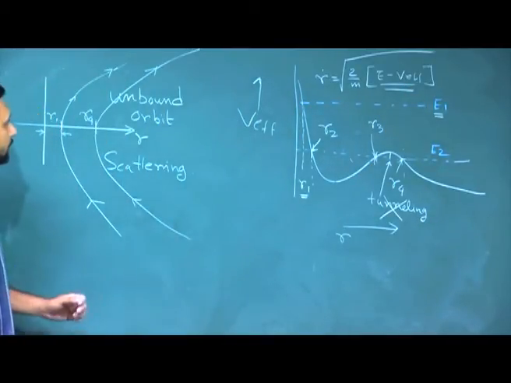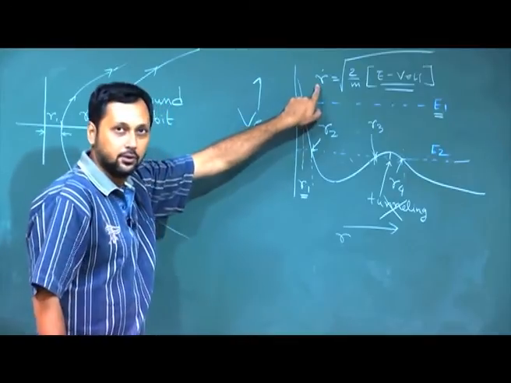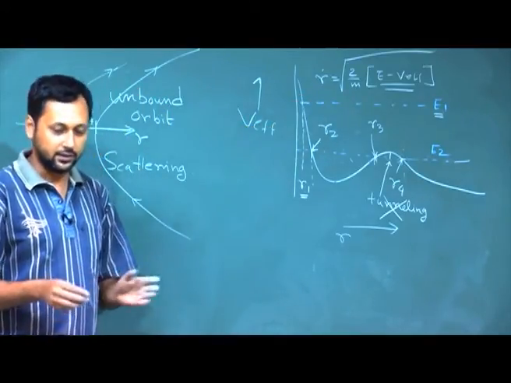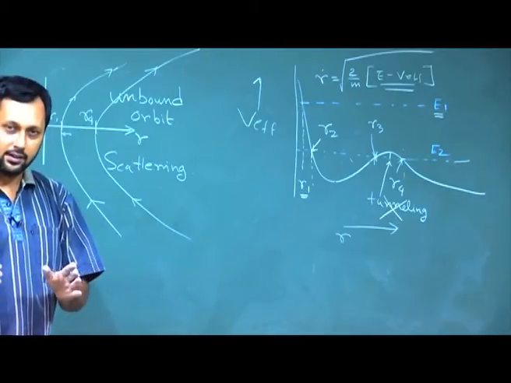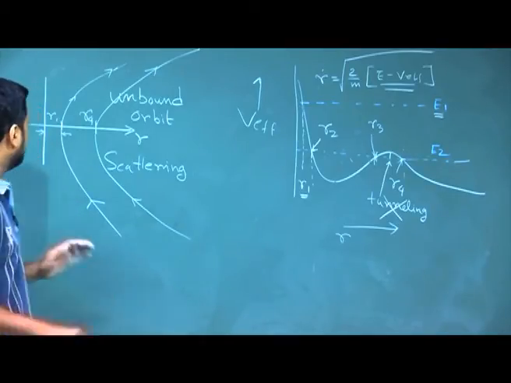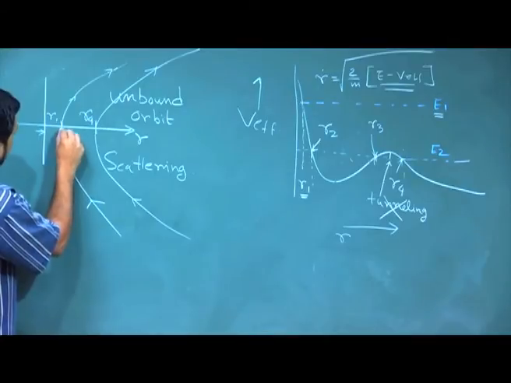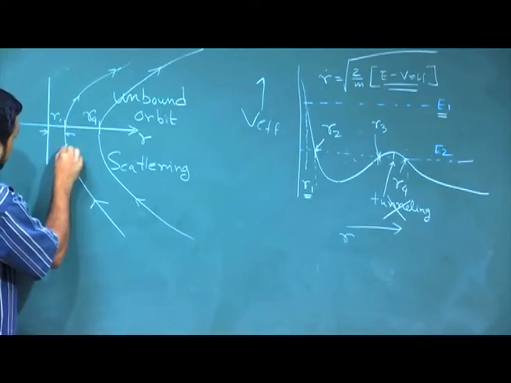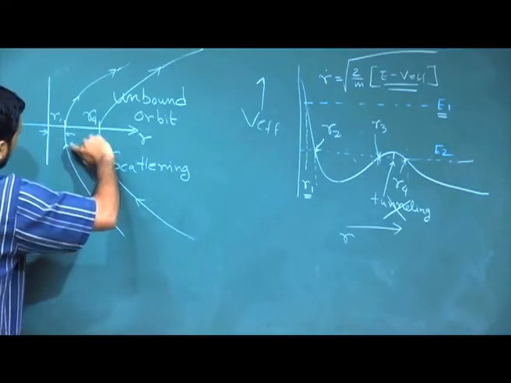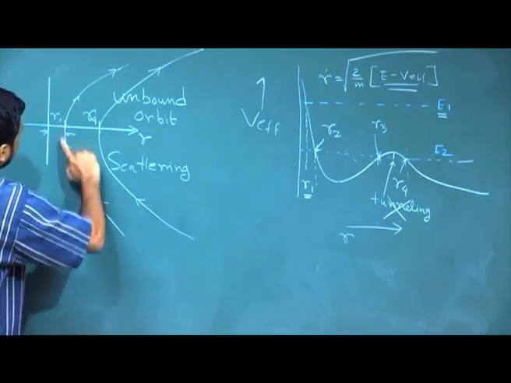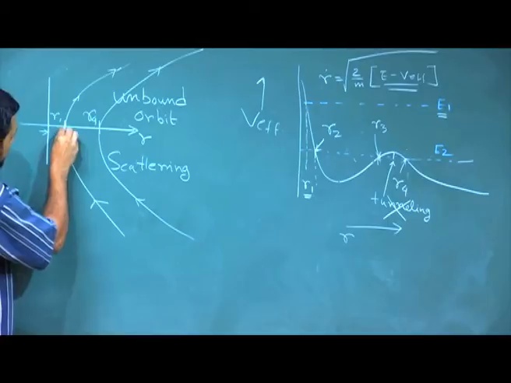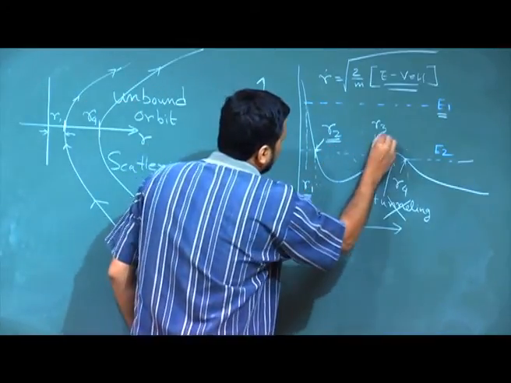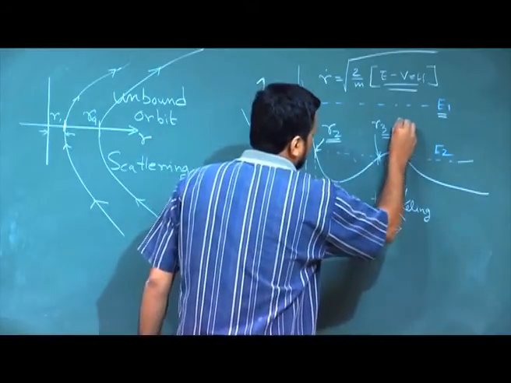So R dot becomes 0, and as I discussed during the discussion of the apsidal point, these are the turning points, where the radial component of velocity vanishes and the particle changes direction. So, this is a turning point, this is a turning point. Similarly, R3 and R4, all these are turning points.